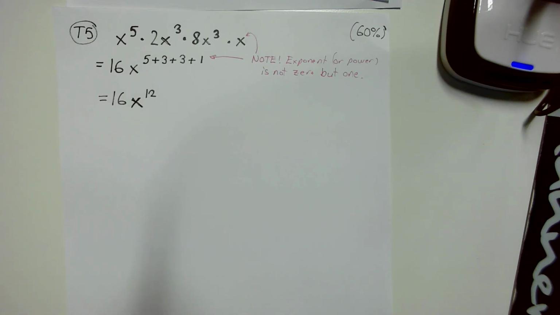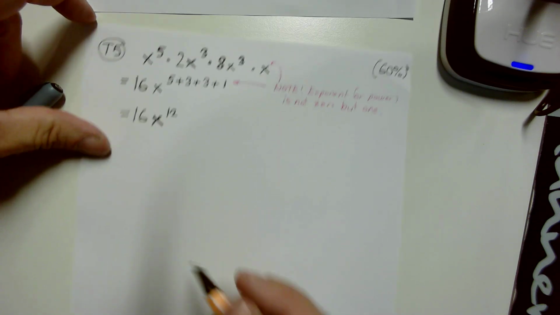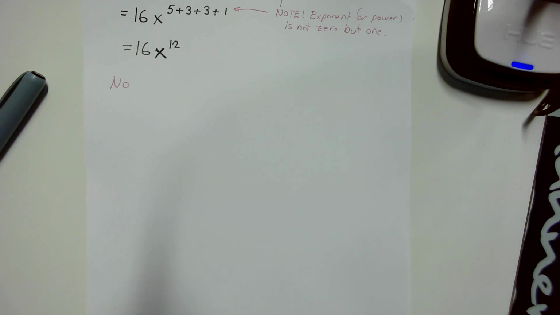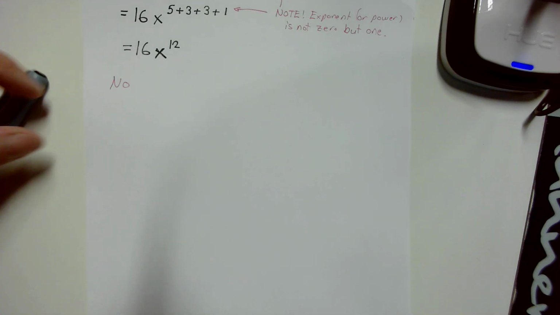Let's take the proof for this 0 exponent. No, this is not a good color. Is this better?